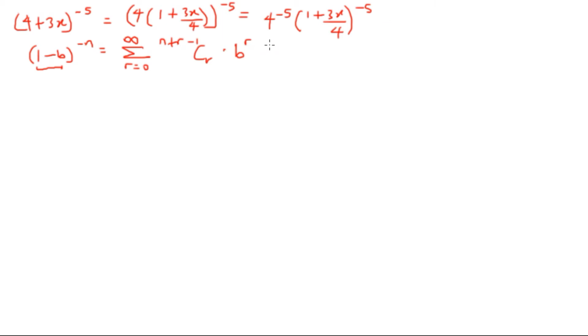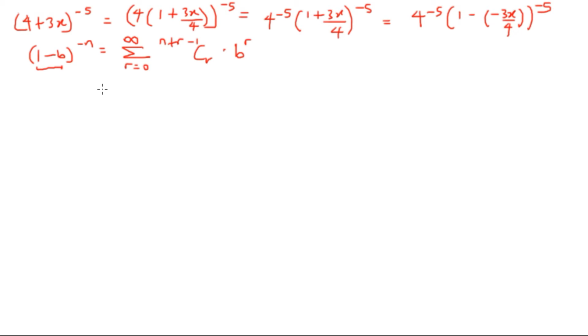So it has to be equal to 4 raised to power minus 5, 1 minus. It is not burdensome, it's just by introducing the negative sign. Minus times minus is still the same thing as positive, so nothing has changed. It's just that I am compelled to use negative here, simply because I want to follow this 1 minus b. So my b is minus 3x over 4.